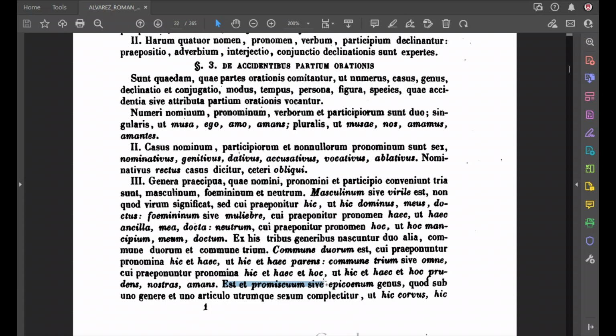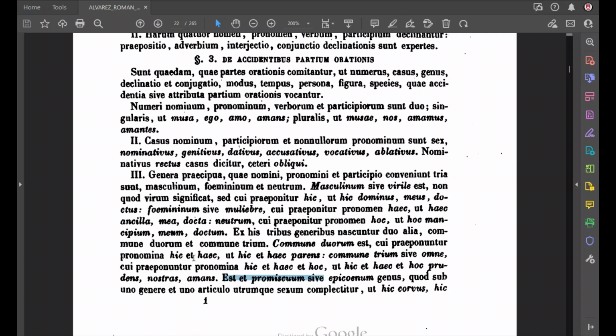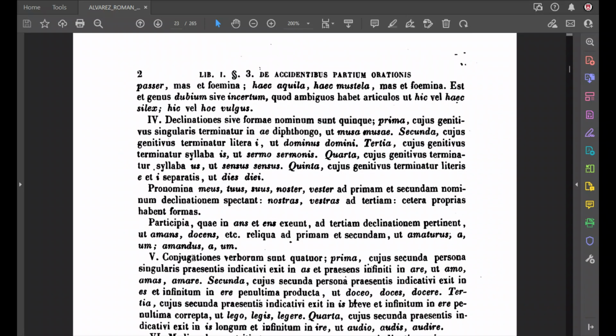And that translates as which under one gender and one article either sex is signified. And the example we're given in the text is hic corvus or hic passer. Hic corvus means a crow. Hic passer means a sparrow.